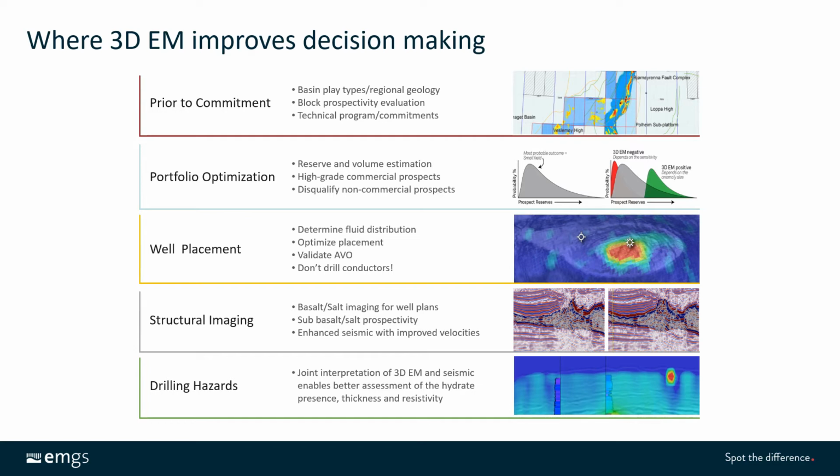The fourth one is the structural imaging. What is structural imaging? It's when in the area you have salt and basalt where the seismics basically fails to define the geometry of salt and basalt.